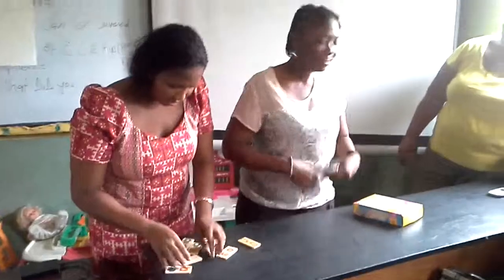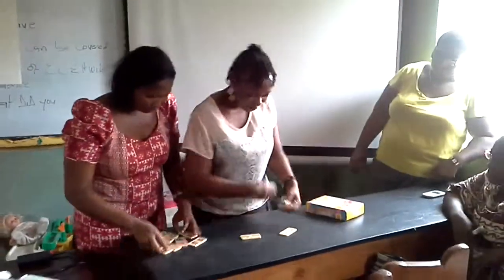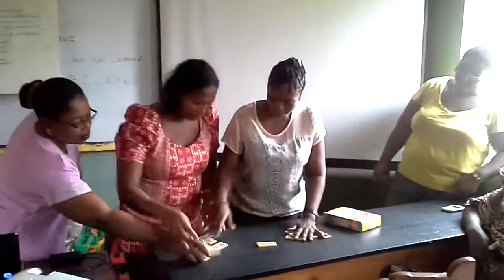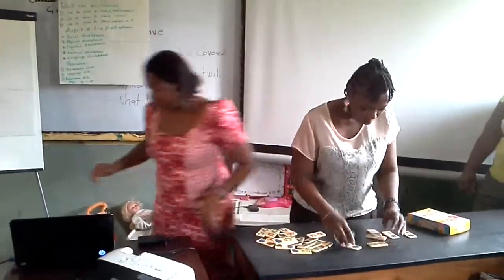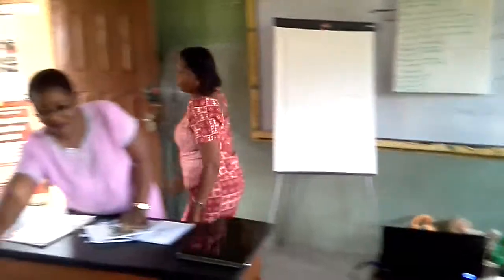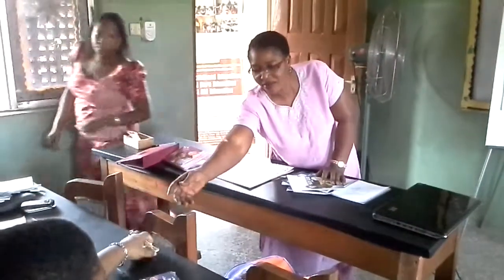So we started from the known to the unknown, from the simplest to the complex. The first thing we did was a puzzle game, whereby we asked them to sort each animal. So we started with this.